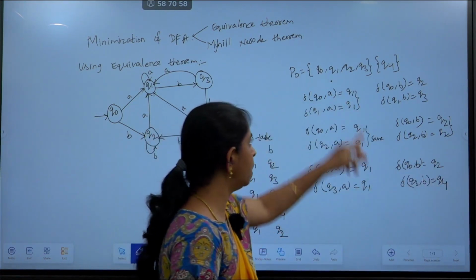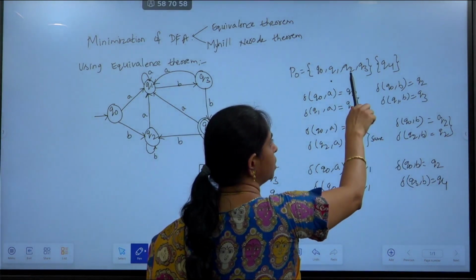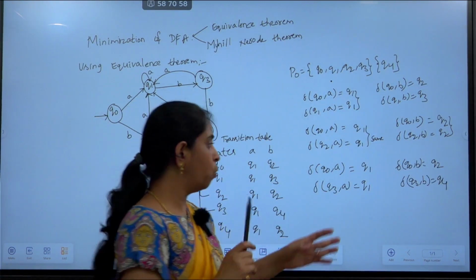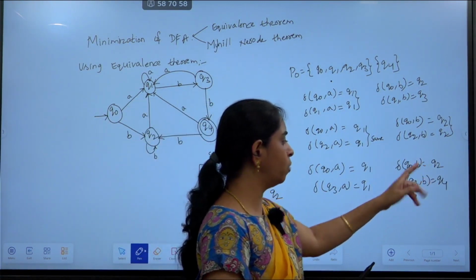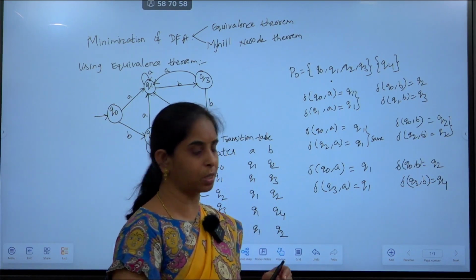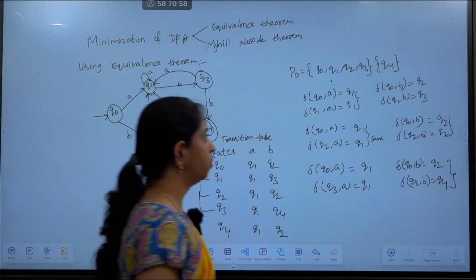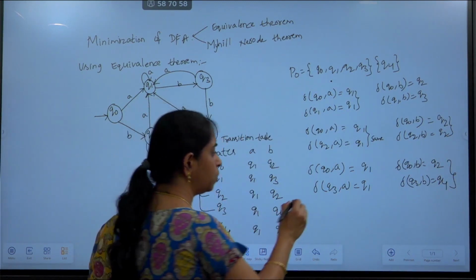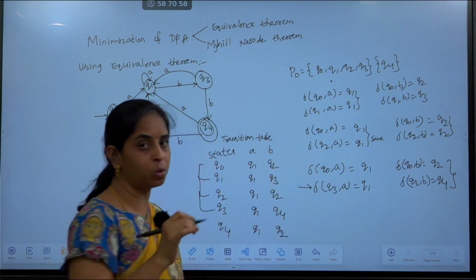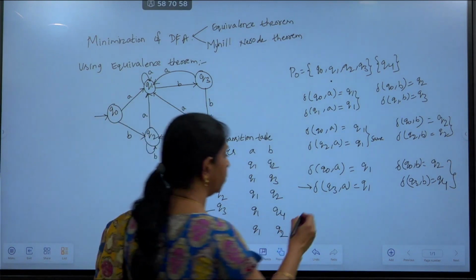Q1 and Q1 are both in the same state. Q2 and Q4: Q2 is a non-final state and Q4 is the final state. So one transition goes to the final state and one goes to a non-final state. That means both are not in the same state. That means Q2 and Q4 are in different sets, and so whenever we compare with Q3, Q3 is also a different state. That means we can make one more partition, that is P1.